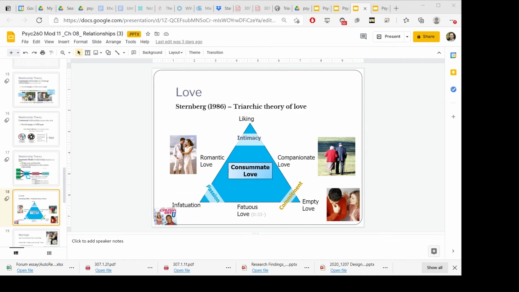If you only have passion and commitment, but no intimacy, no closeness or understanding of the other person, then you might have fatuous love. So there are different kinds of love depending on what elements you have in the relationship.